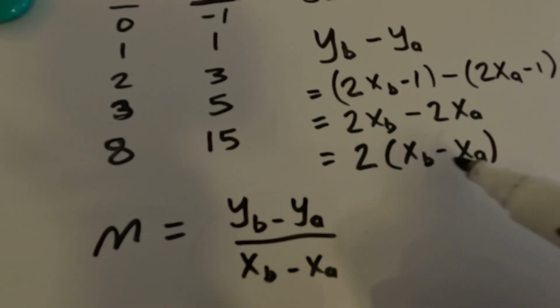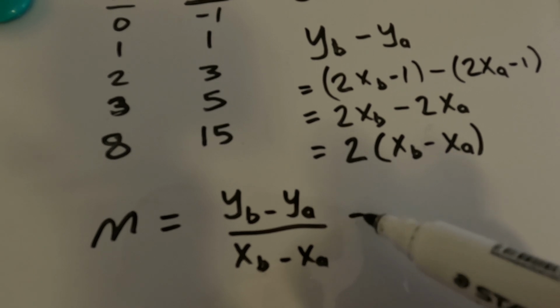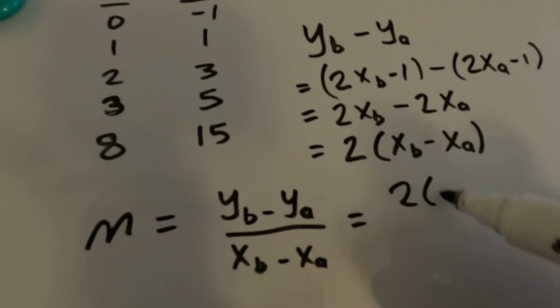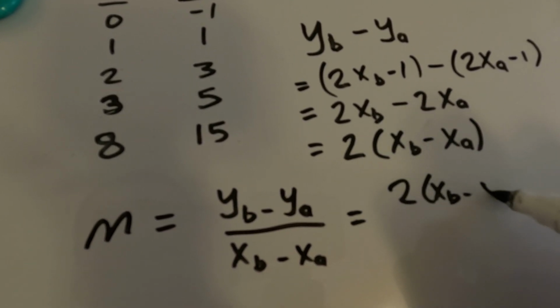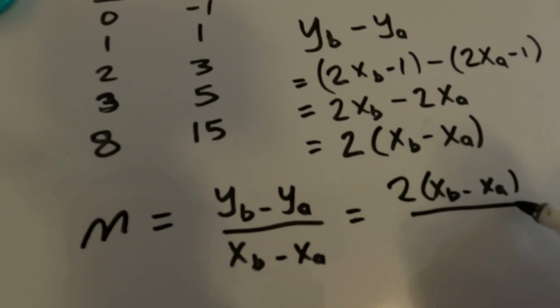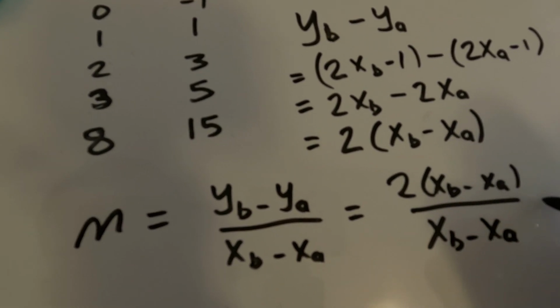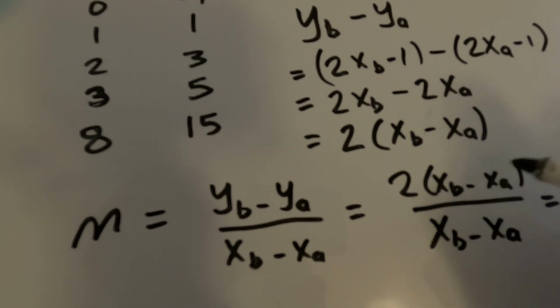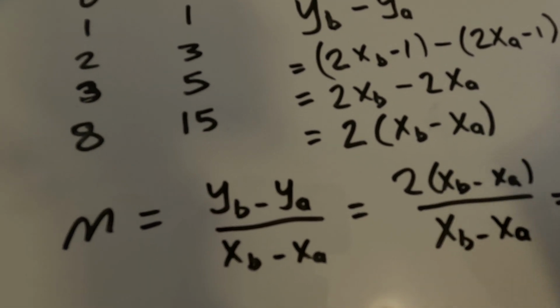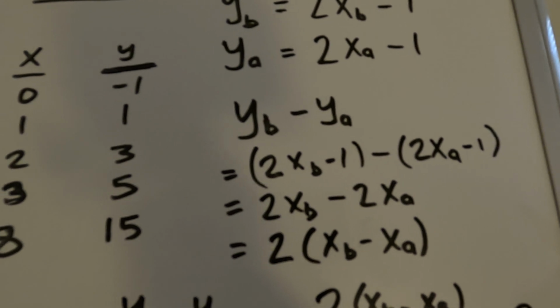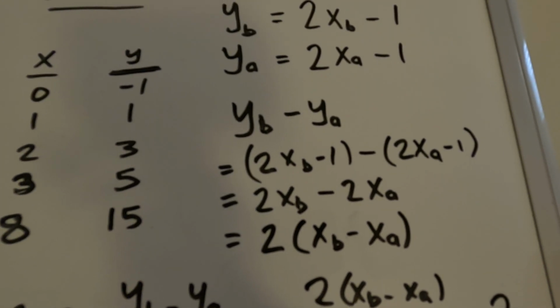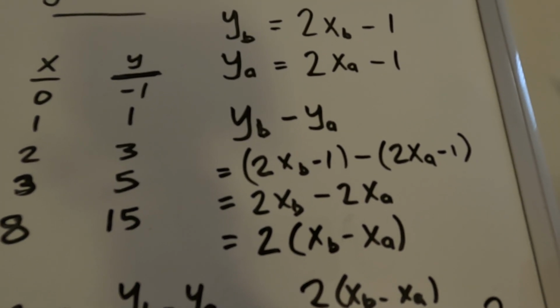So we divide this by xb minus xa. Or I can just write it in full. These cancel. 2. Okay. So how easy was that?